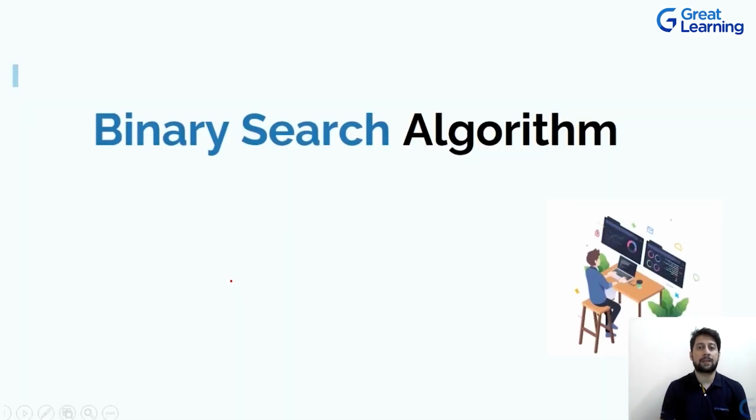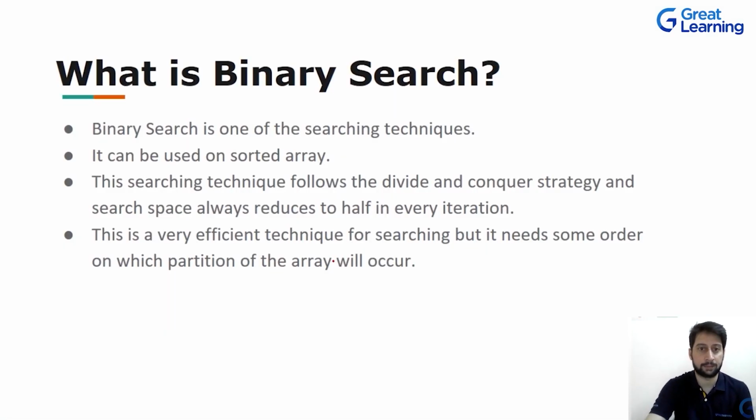Now let's try to understand the binary search algorithm. What is binary search? Binary search is one of the searching techniques. Like we saw in linear search, where the time complexity was big O of n because we were iterating through all the elements, binary search is a much more efficient algorithm as compared to linear search.